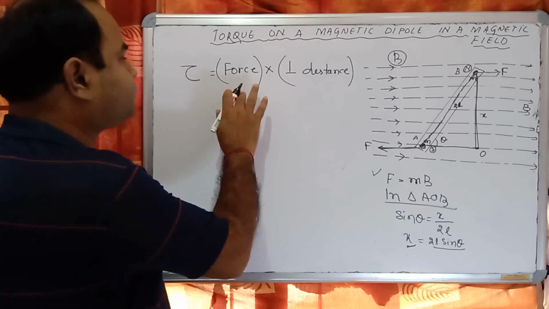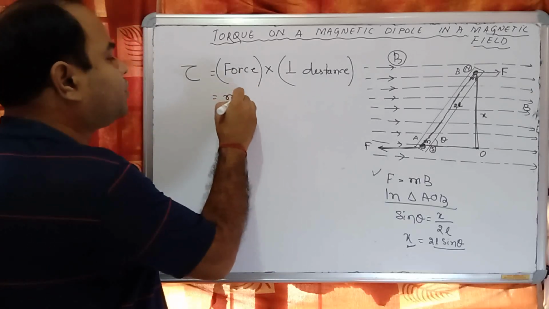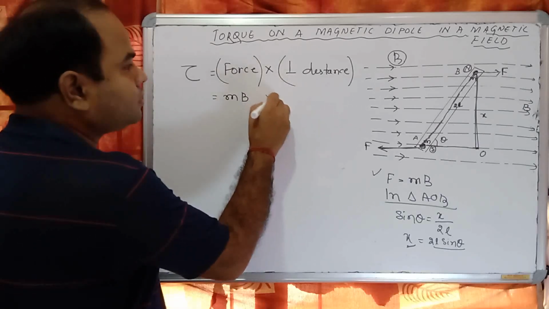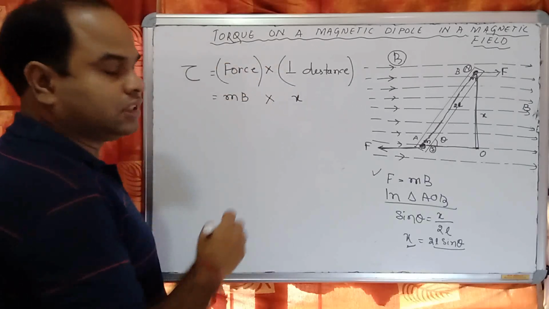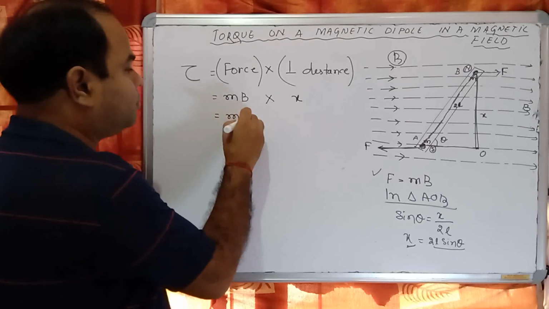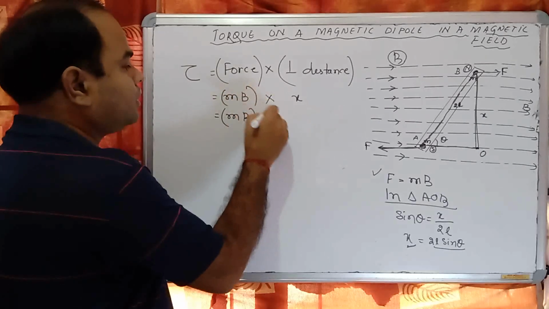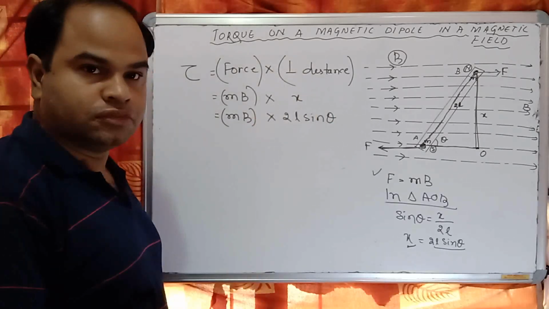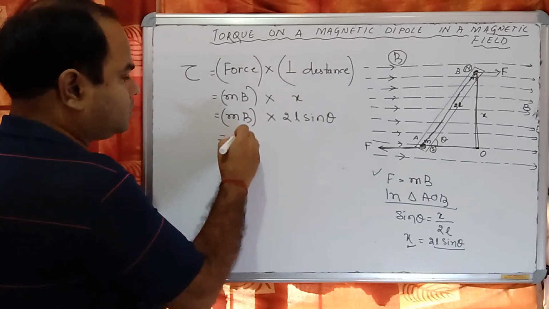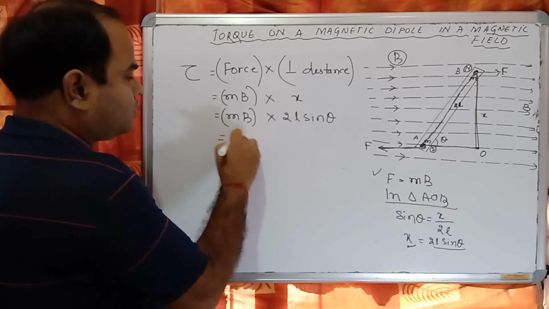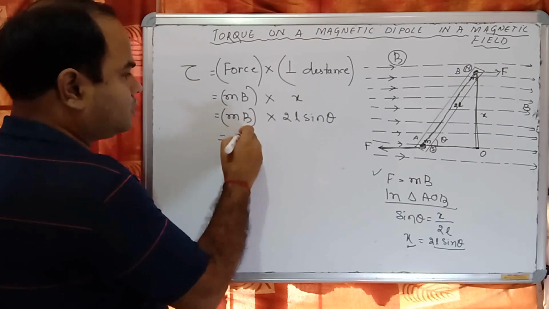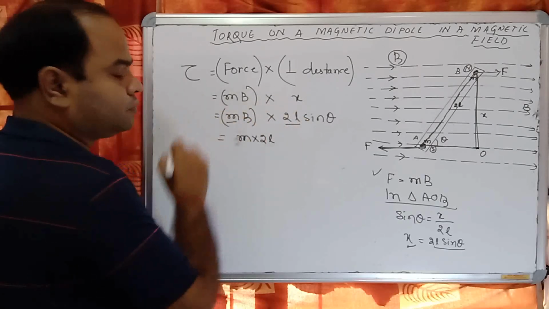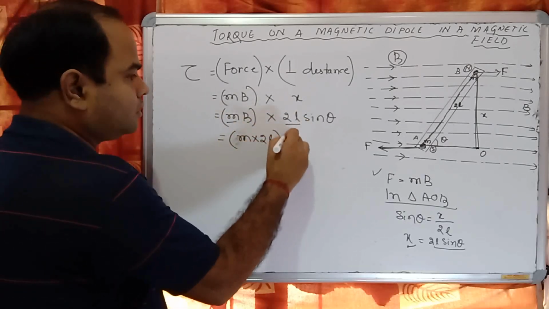Putting in, the force is mB and the perpendicular distance is x, so torque is mB into 2L sin theta. So this is m into 2L into B sin theta.